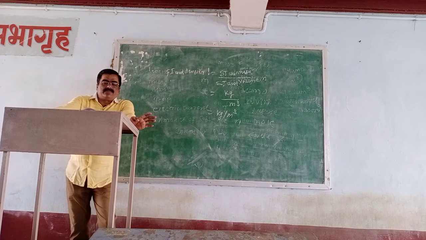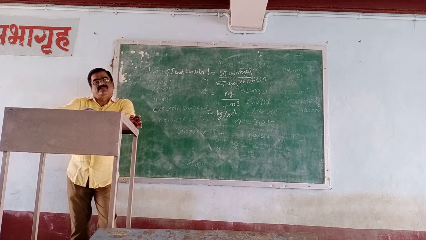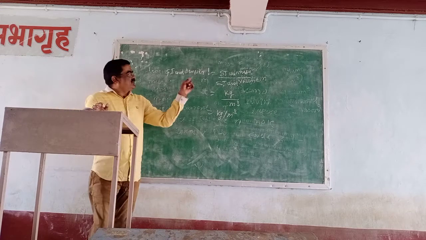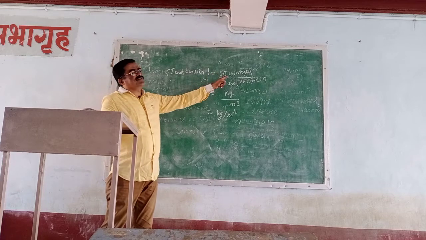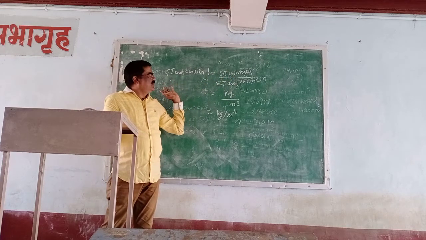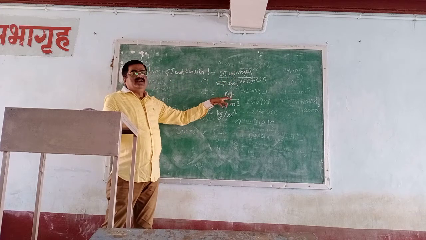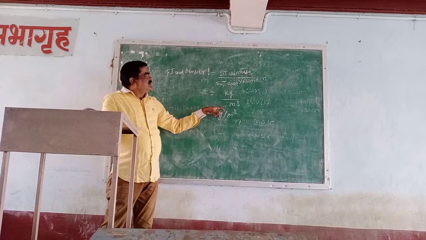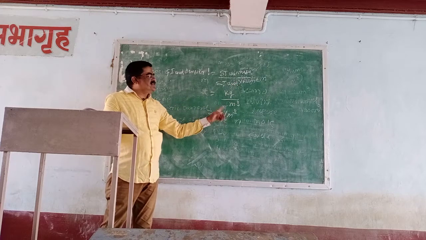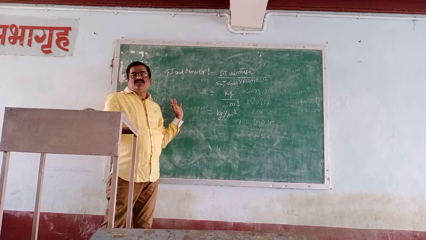It is determined in the laboratory by measuring the mass and the volume of a sample. The SI unit of density is mass by volume, the SI unit of mass divided by the SI unit of volume. The mass unit काय आहे? SI unit kg आहे. तर volume चा SI unit काय आहे? मीटर क्यूब आहे. Then kg per meter cube is the SI unit of density.